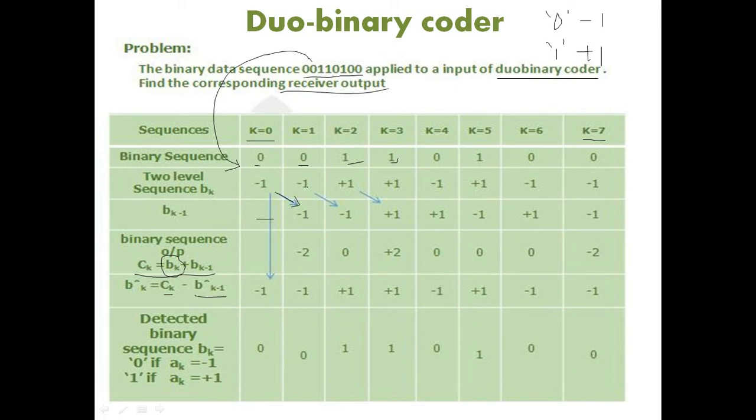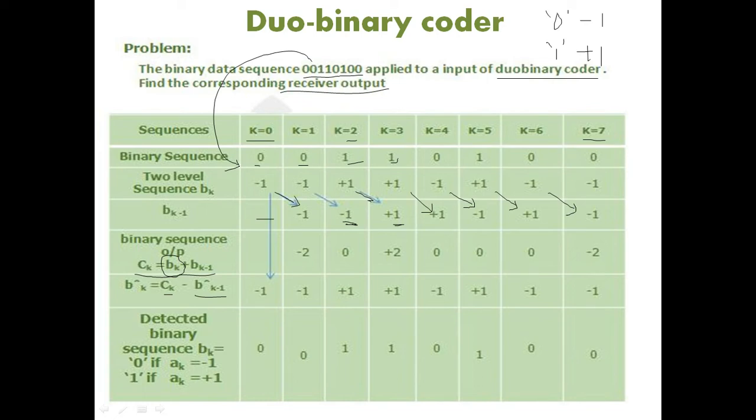Similarly, k equal to 1 is the previous instant for k equal to 2, so bk minus 1 at k equal to 2 is the previous one, minus 1. For k equal to 3, bk minus 1 is the k equal to 2 value, plus 1, which we have replaced here. Each time, the previous instant data comes as bk minus 1.